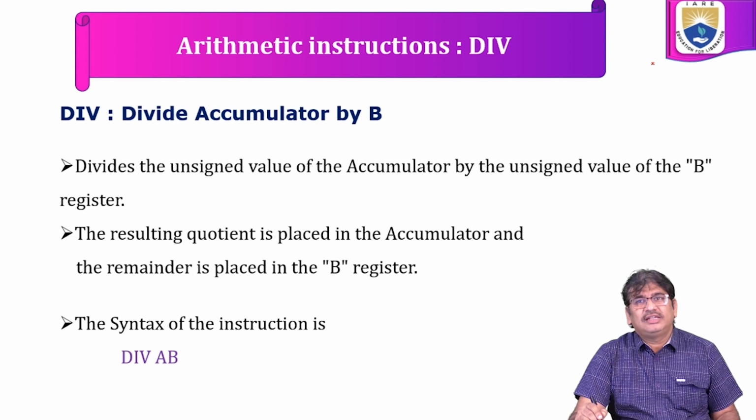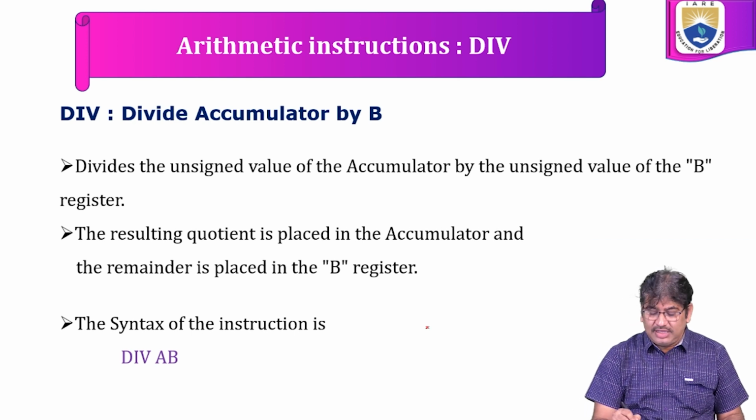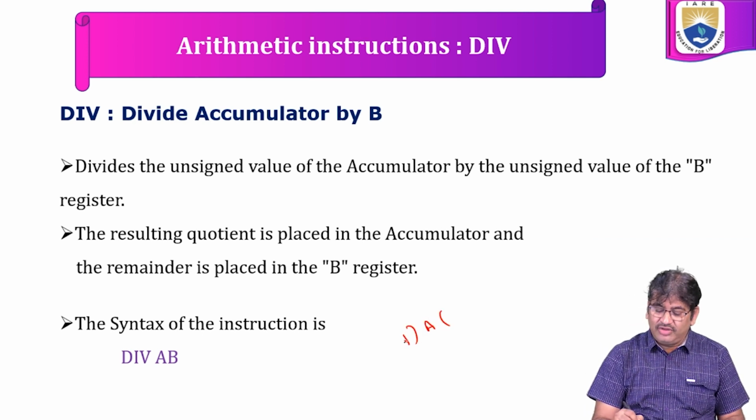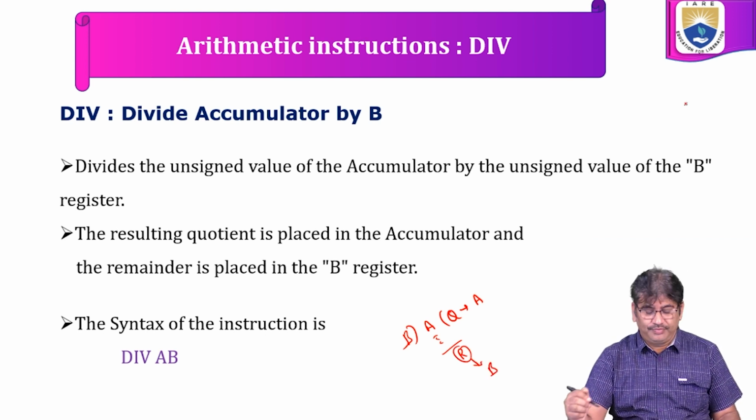After division, the resulting quotient is placed in the accumulator and the remainder is placed in the B register. The syntax of the instruction is DIV AB. So here the register A will be divided by B. The quotient will be moved into the accumulator. After division, whatever remainder is there, that remainder will be moved into the B register.